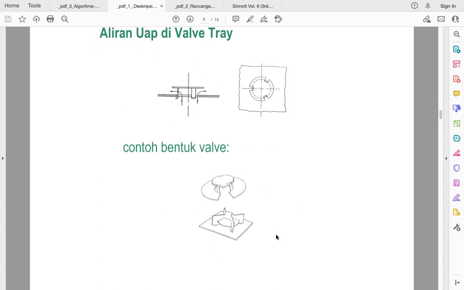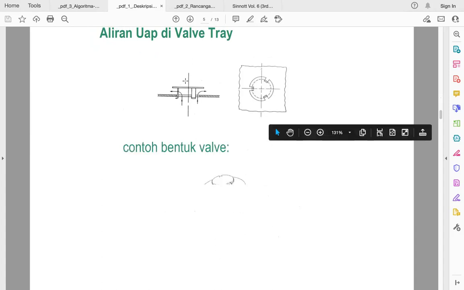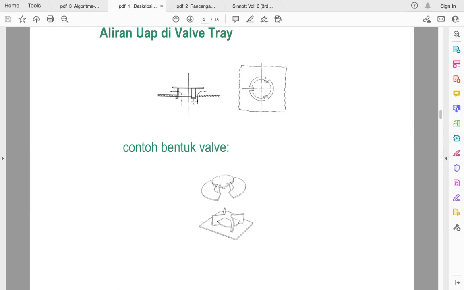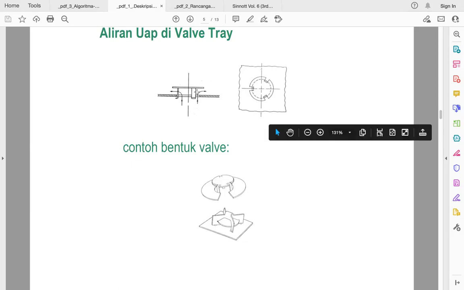In the valve tray, the valve can go up and go down, so it's going to close if there is no vapor. But when you have enough pressure of the vapor from down there, the valve will go up, and the vapor will push the valve and also go that way, and then it will mix with the liquid.